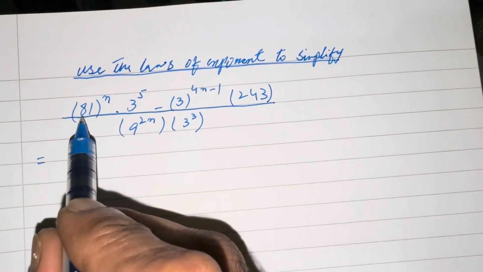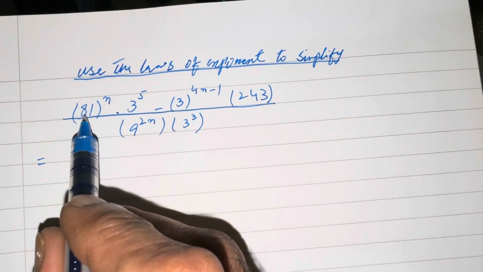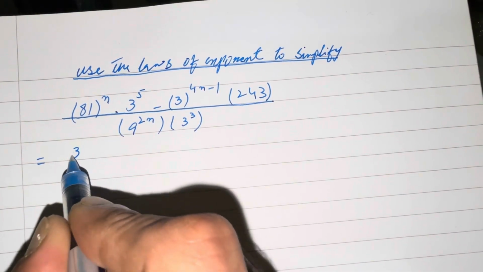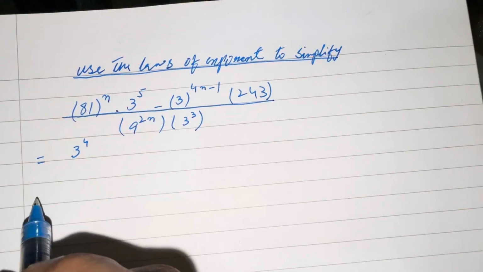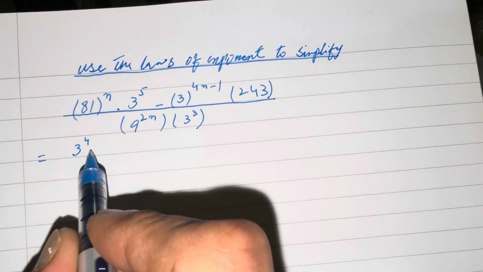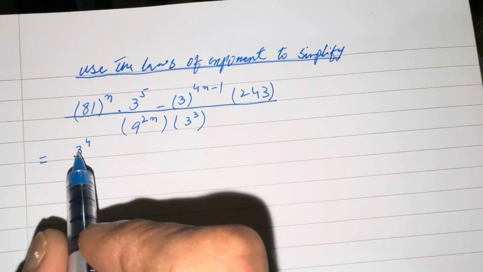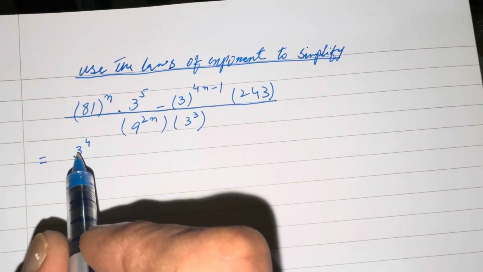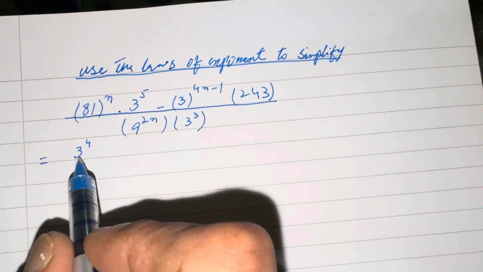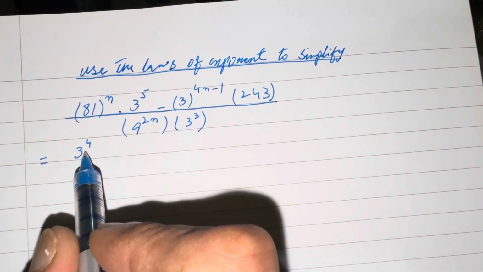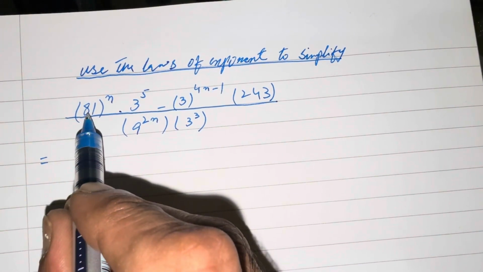So we can write this 81 as 3 raised to power 4. 3 raised to power 4 means if we multiply 3 four times, then we get the answer 81.